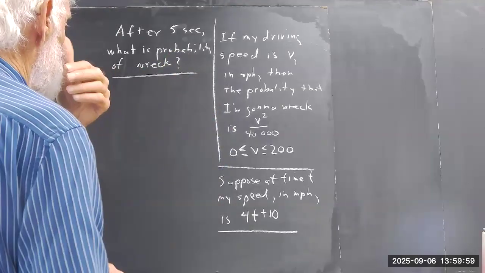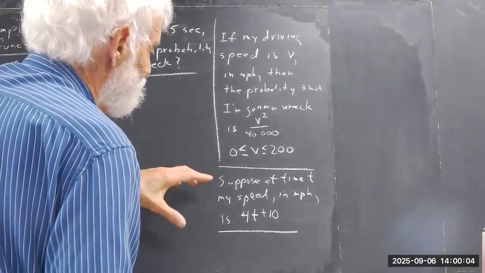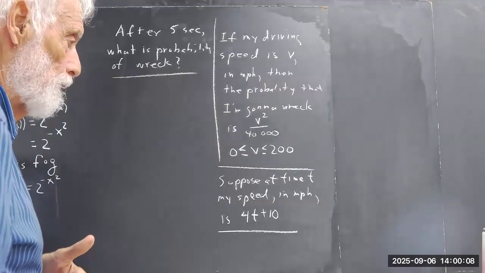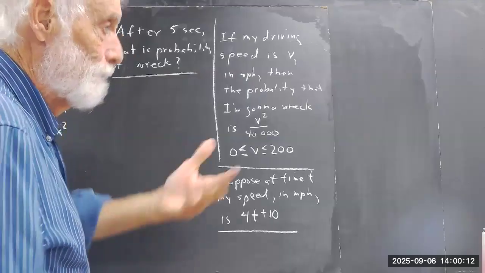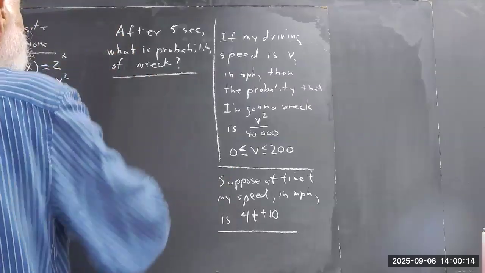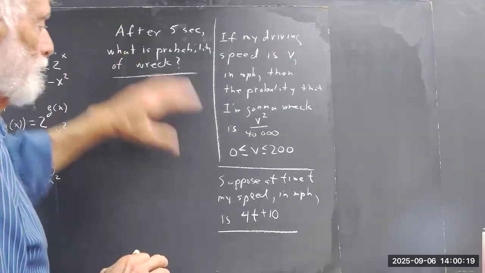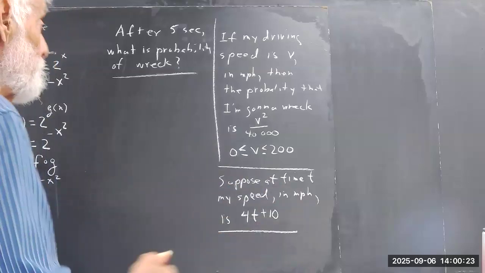After 5 seconds, what's my probability of a wreck? Now, it's a little bit misstated because that would be like an instantaneous probability of a wreck. We could say probability per mile driven, okay? But I think you get the idea. Your speed determines your probability of a wreck in some sense.